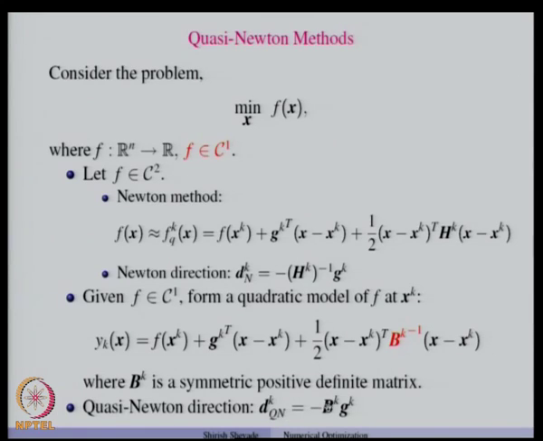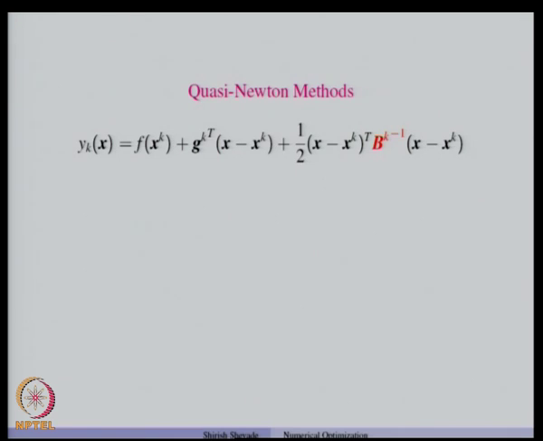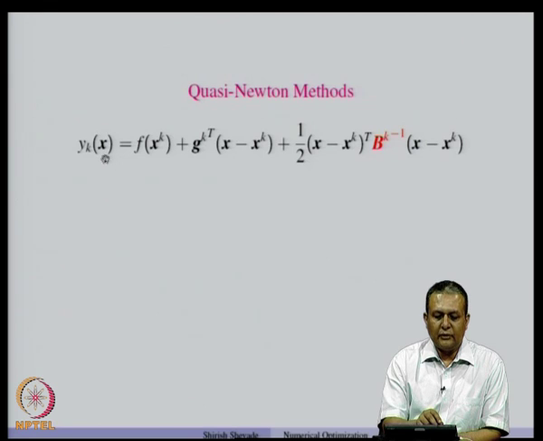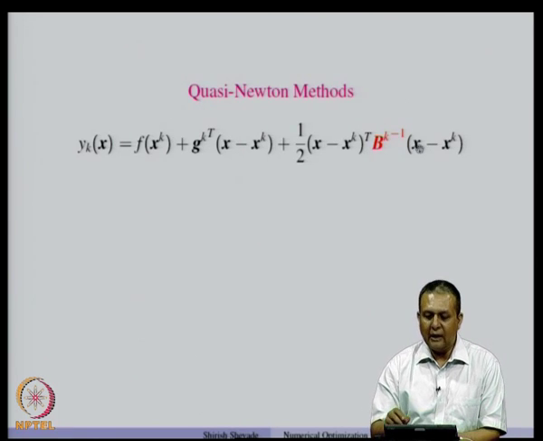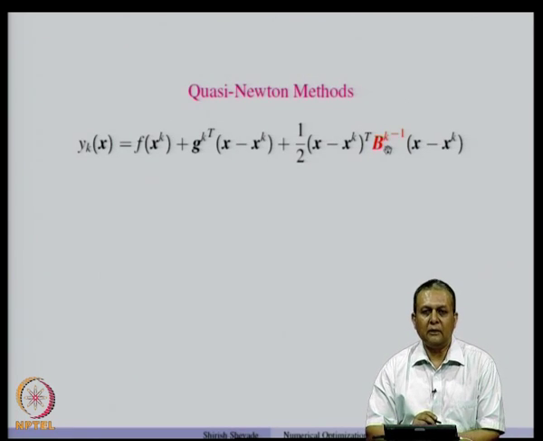Now, let us see how to use this quasi-Newton direction in our approach. The quasi-Newton methods use the quadratic model of f around xk using the matrix Bk inverse rather than the matrix Hk.